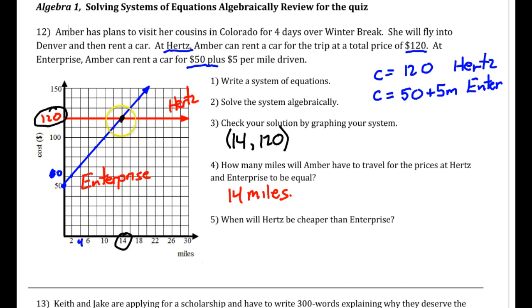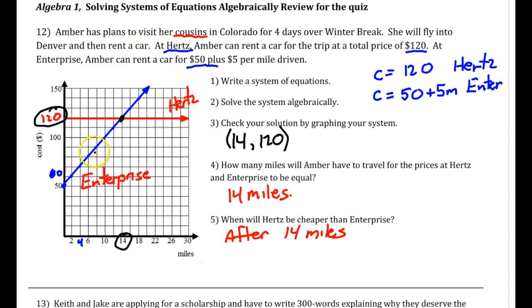When will Hertz be cheaper? So you can see after 14 miles, the line for Hertz is below the line for Enterprise. So you can say after 14 miles. So Amber has to figure out, well, are her cousins really close to the airport?